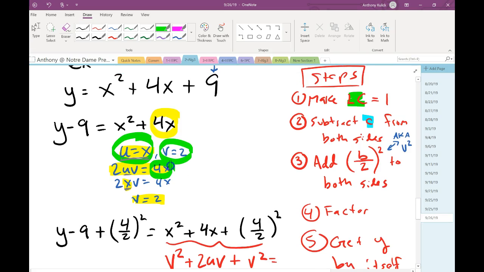We took that middle term and divided it by 2. So it's always going to be that b over 2. It's always going to be that. You're good now, though? Okay.